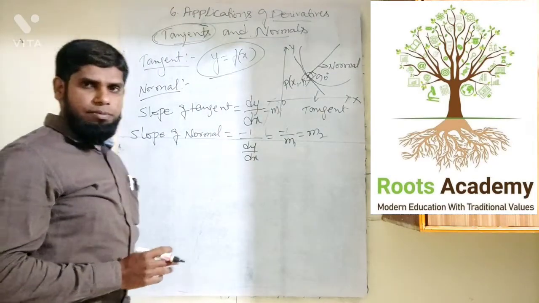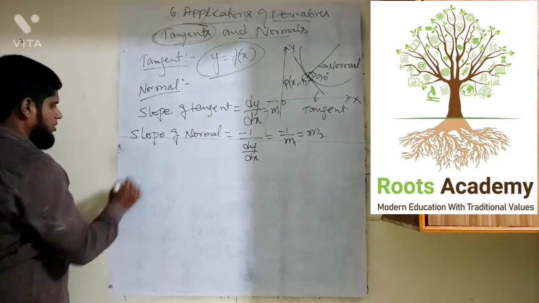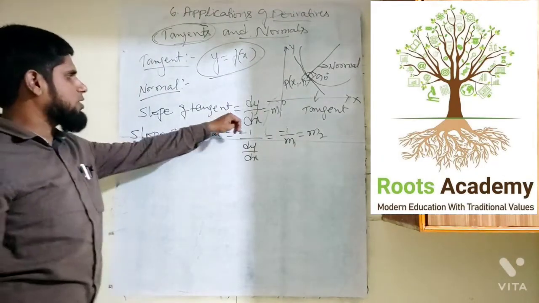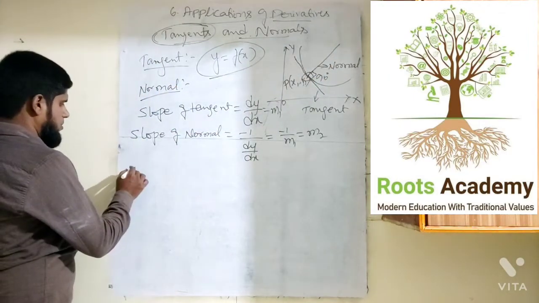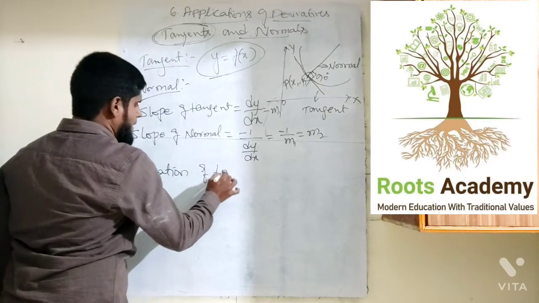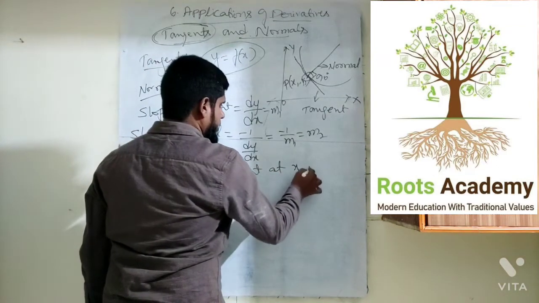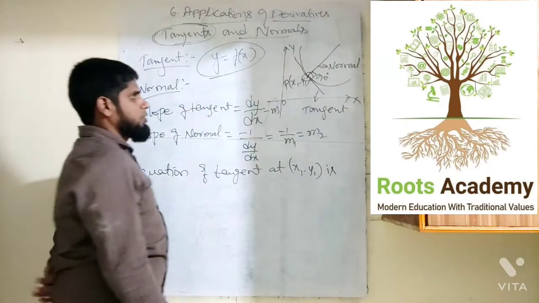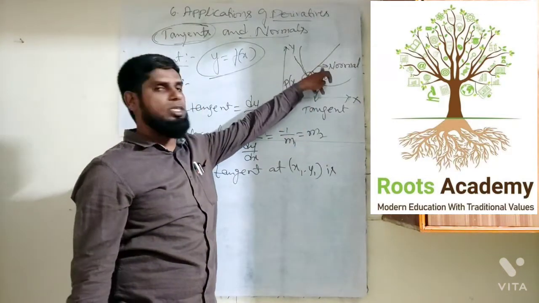Before we go to the conditions, let us discuss the equations of these lines. The equation of the tangent at x1 comma y1: we know that there is a slope as well as a point for this tangent and for this normal.